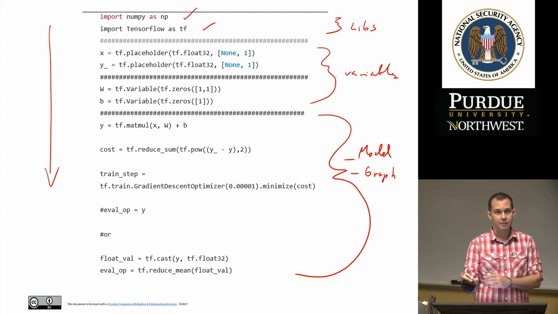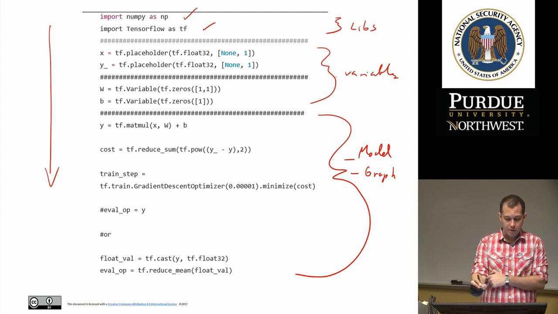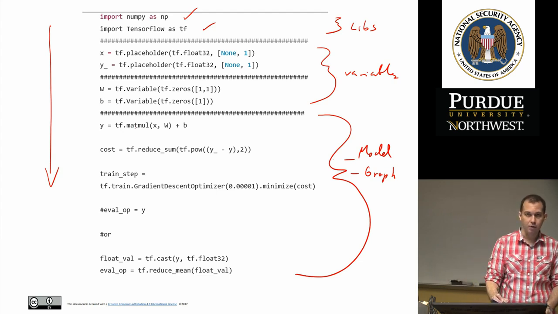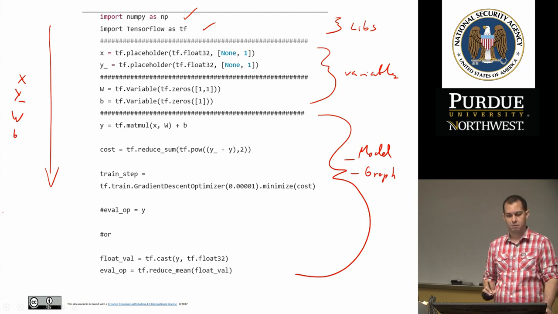The next section where we define the variables, as you can see, we are defining several, 4 variables. We are defining an x, a y underscore, a w, and a b value.